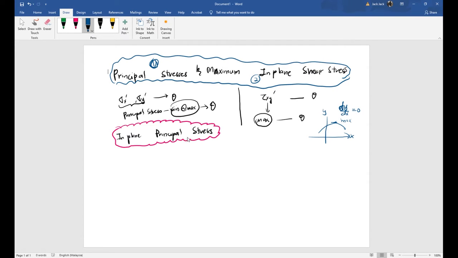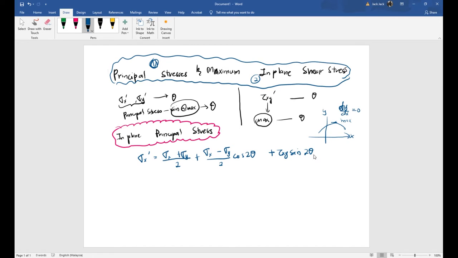Similarly, in order to determine the in-plane principal stress, we have to differentiate the function. So recall your favorite equation: the new sigma x prime is equal to (sigma x plus sigma y) divided by 2, plus (sigma x minus sigma y) divided by 2 times cosine 2 theta, plus tau xy sine 2 theta.